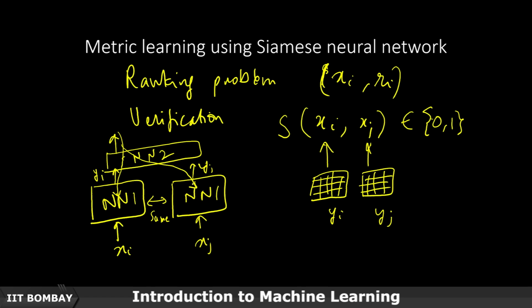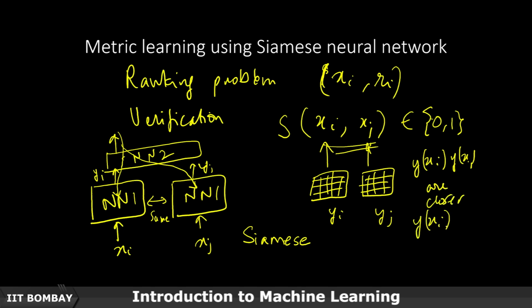Because we are using two instances of the same neural network, it is as if they are identical twins joined with each other, and that's why it's called a Siamese, based on the term Siamese twins. So this is a Siamese neural network. There is also something called a triplet Siamese, where instead of encoding whether xi and xj are similar or dissimilar, we say that y of xi and y of xj are closer than y of xi and xk.